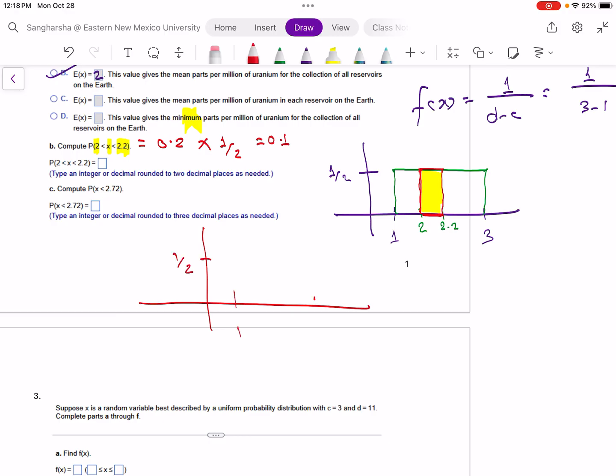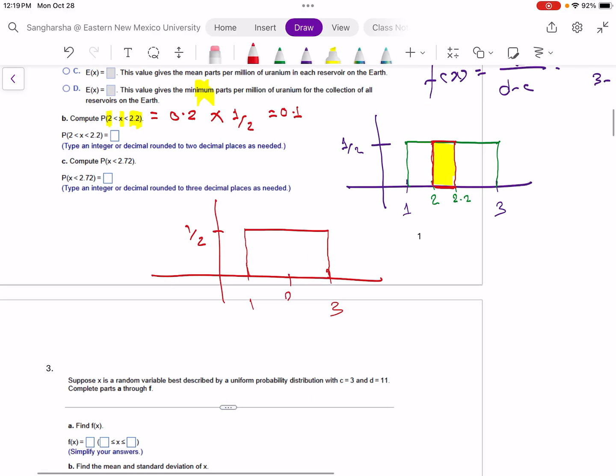This is 1, this is 3, and we have this graph here. Let's say this is 2.72. We need to find the graph less than 2.72, so from here to here. We are finding the area of this region.